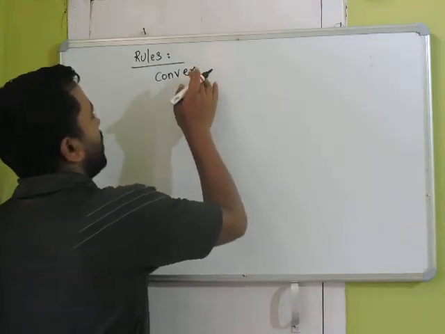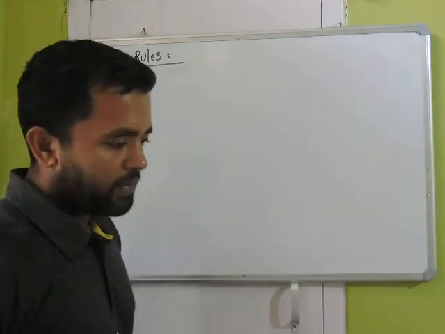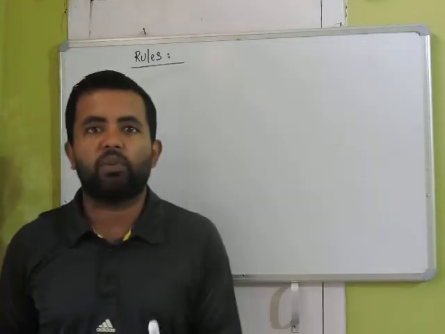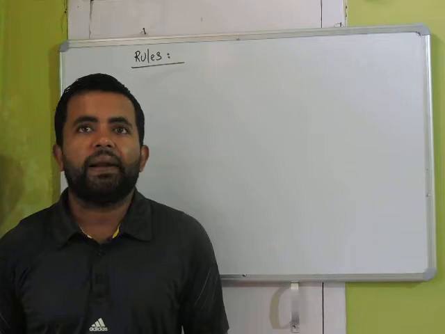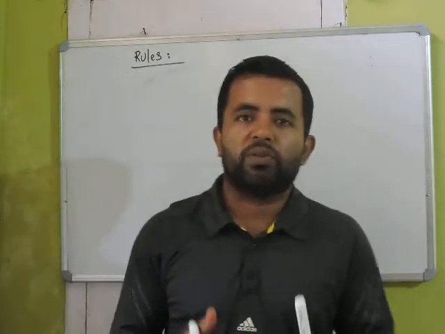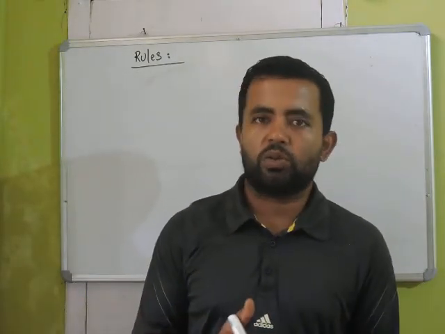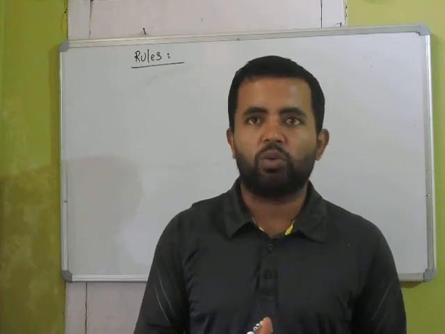While drawing a ray diagram, as I told you, two things are important. We need two rays from the object, and there is a concept of real image and virtual image also. I guess you will know.